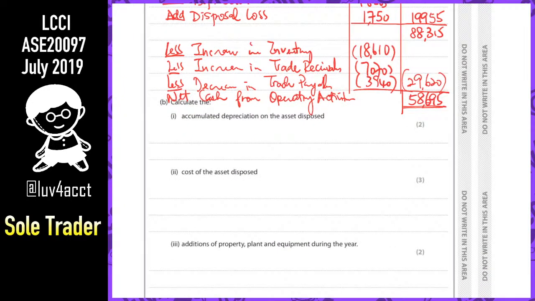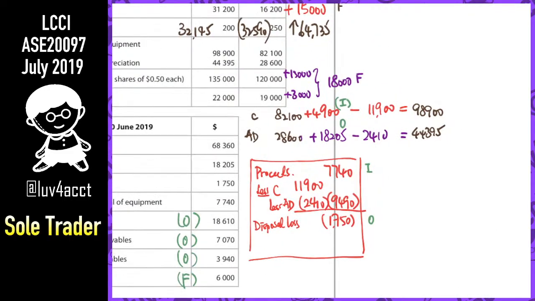Okay, so for the next 3 items we have already calculated, so I will not copy all the workings. You already know how to. Okay, these 3.